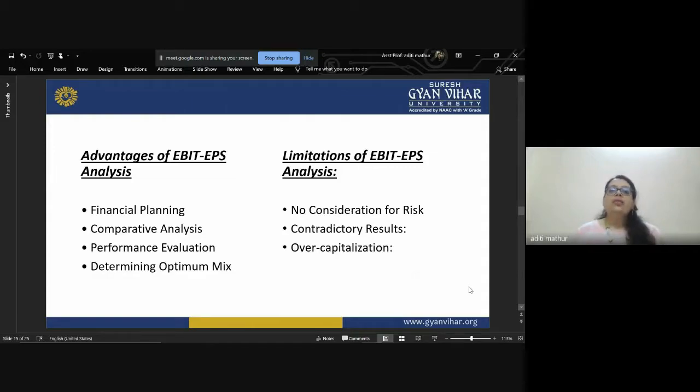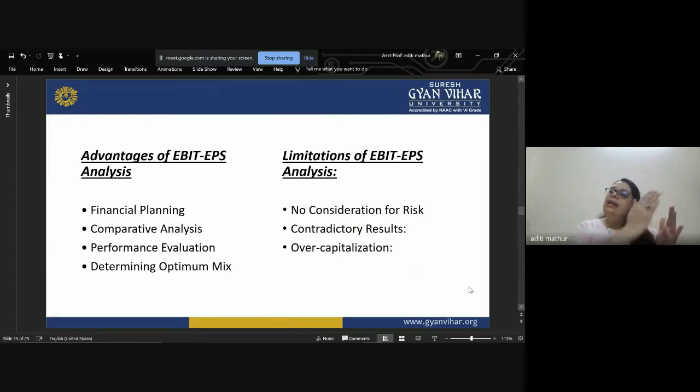So now let's just discuss a few of the advantages and limitations associated with your EBIT and EPS analysis. Let's first discuss the advantages. The first advantage is your financial planning. So with the help of these two examples, you have understood that when I'm drafting my capital structure with this EBIT, EPS, beforehand I am calculating the amount of interest which I have to pay, the amount of preference dividend which I have to pay, the tax element.